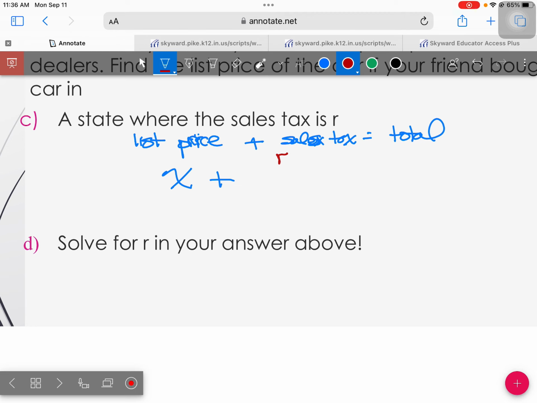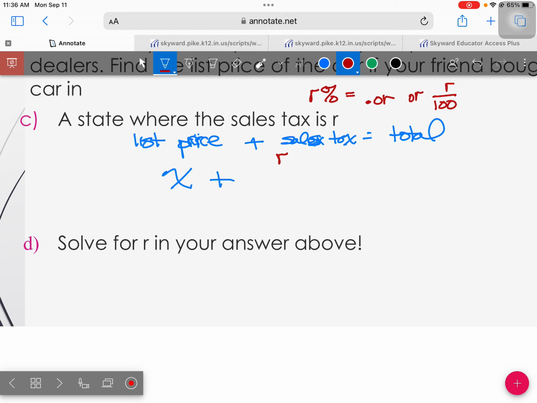You could say it's R percent, which could be 0.0R, or it could be R over 100, because you're talking about percent, and percent means out of 100.